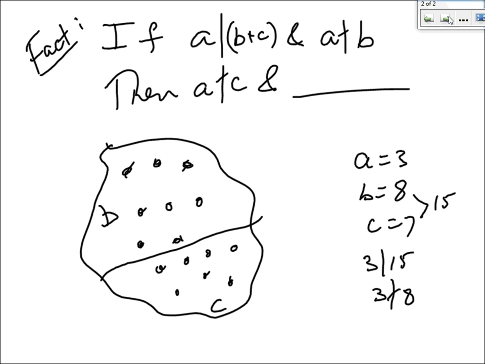Now, notice that when I take away 3, 1, 2, 3, there's at least 3 more in B to take away. I take it away. And now, although there's some left, there aren't 3 more I can take away in B. That is, 3 does not divide 8.